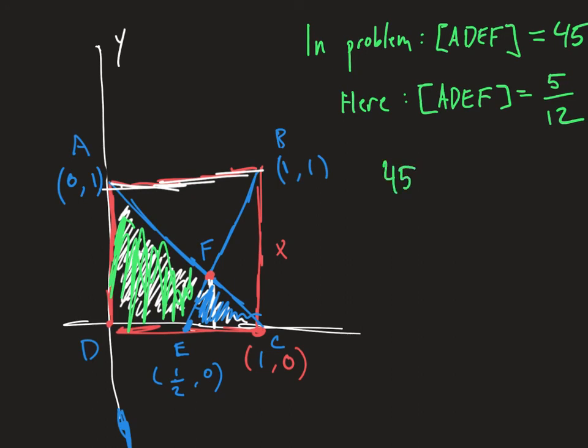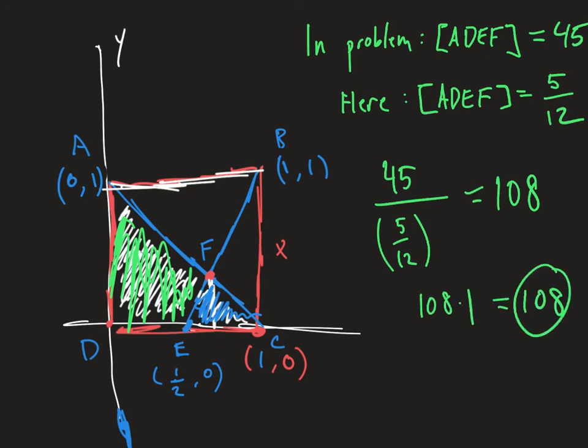We can just divide: 45 divided by 5 over 12 gives us 108. That's the answer, because the unit square is 108 times smaller than in our actual problem, and 108 times 1 equals 108. So the area of our square indeed equals 108.